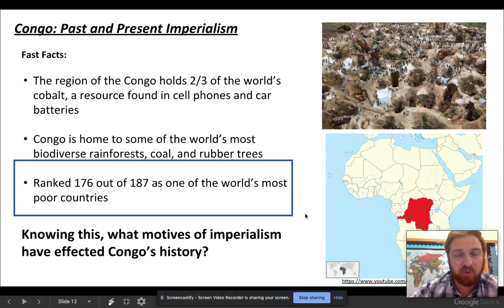So then at this point, what we wanted to do is we started looking at Congo. So some context here is to know that Congo holds a lot of the world's resources, both in the present and the past, and it made it a very attractive site for Belgium as they wanted to be able to extract all those resources.